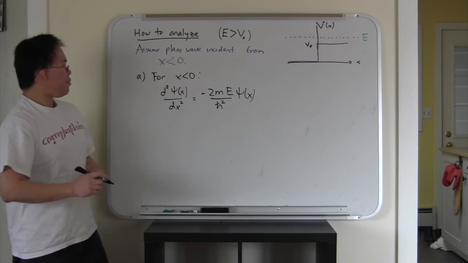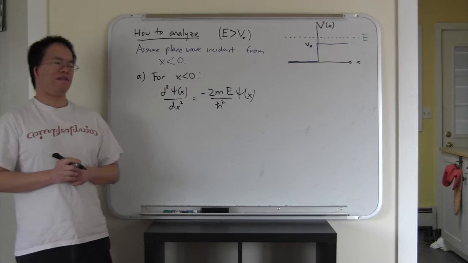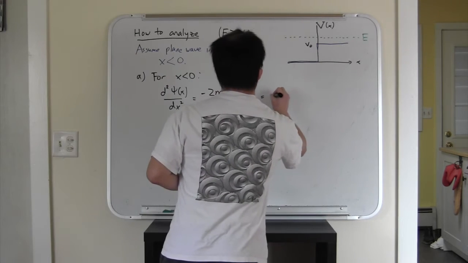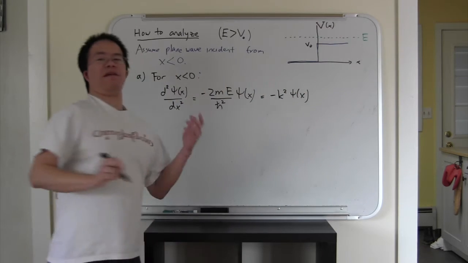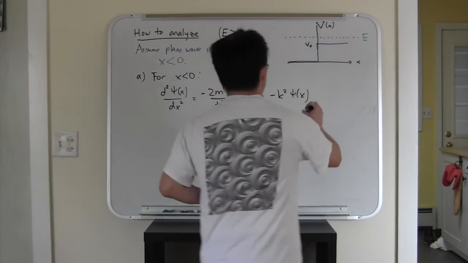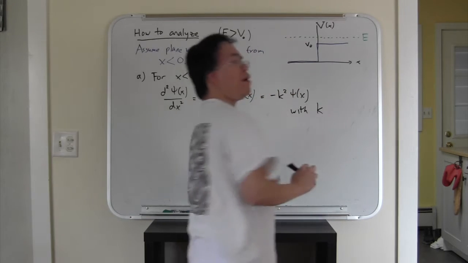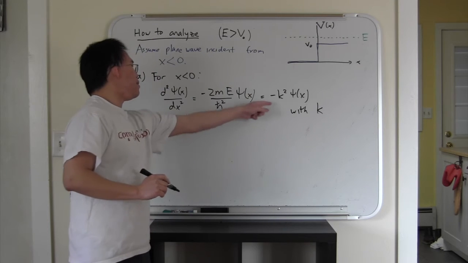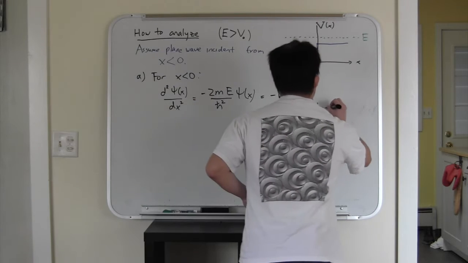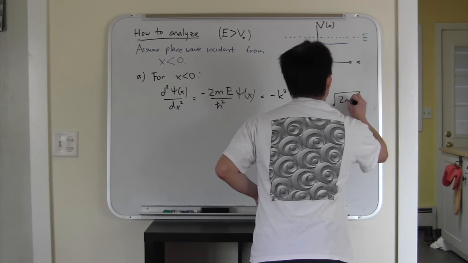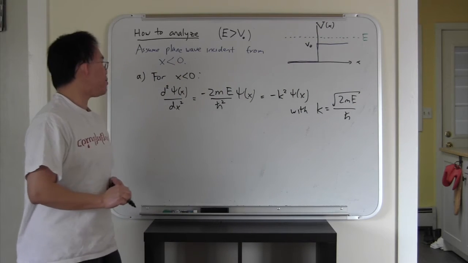So this is probably not too much of a leap to say that we can define this as minus k squared psi of x, with k as usual. We'll interpret this as a wave number, and k will just be the square root of all of this, so k equals root 2mE over h bar, as usual.